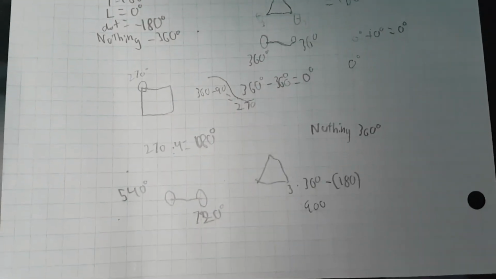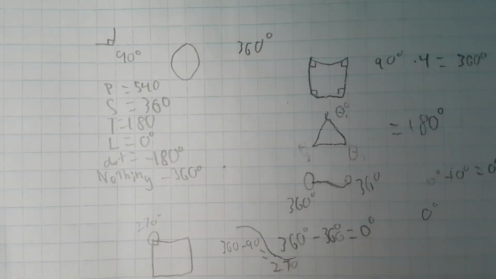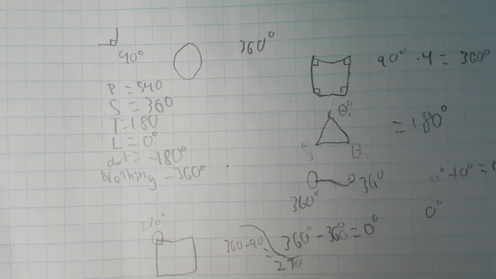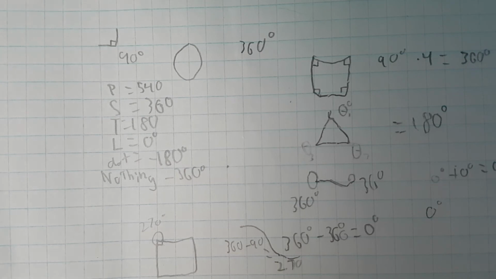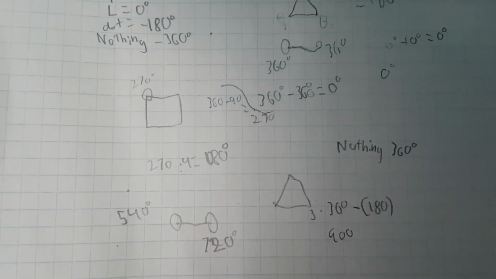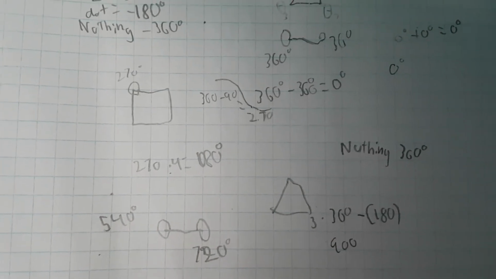So, all of that is why a dot, a singular point, has negative 180 degrees on the inside, and nothing has negative 360 on the inside. And on the outside, the dot doesn't have 360. On the inside, the dot has... where was it?